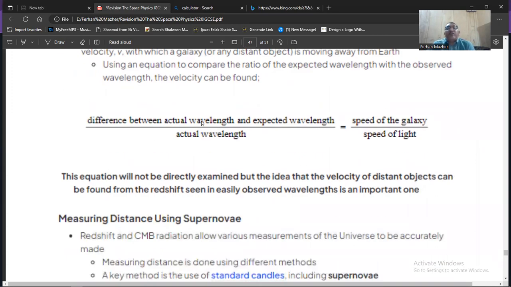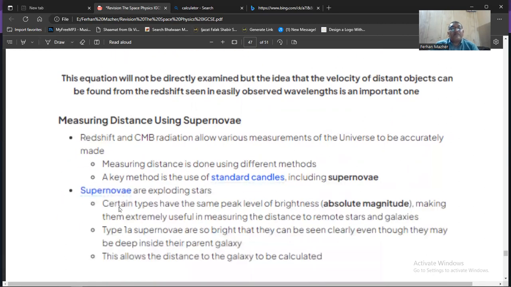The difference between the observed wavelength and expected wavelength divided by the expected wavelength is equal to the speed of the galaxy divided by the speed of light. This equation will not be directly examined, but the idea that the velocity of distant objects can be found from the redshift seen in observed wavelengths is an important one.